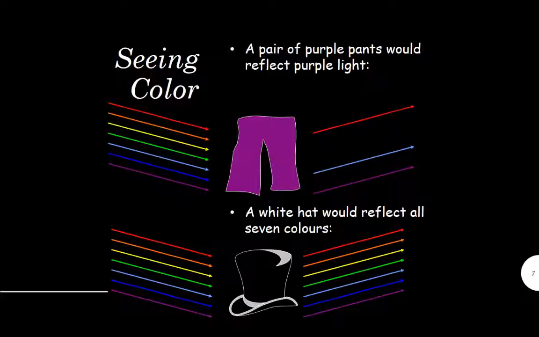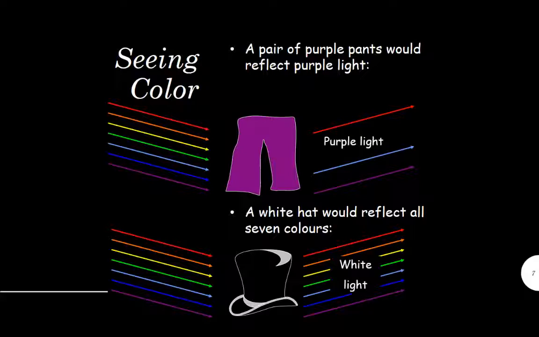But if you have purple pants, what is being reflected off of it? Well, hopefully you said purple light. We talk about it in terms of violet, maybe depending on the dye, some red, some blue, because we'll perceive that as well. But a white hat is going to reflect all of the colors off of it. Okay, so this is what we need to understand.